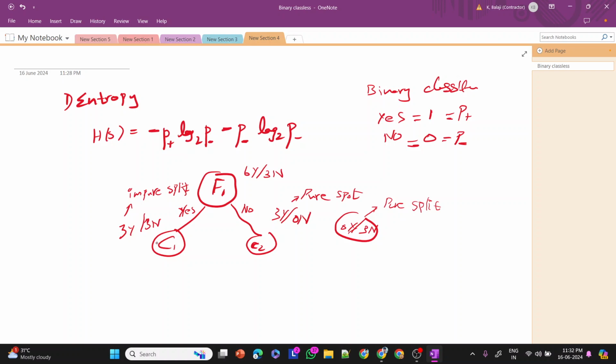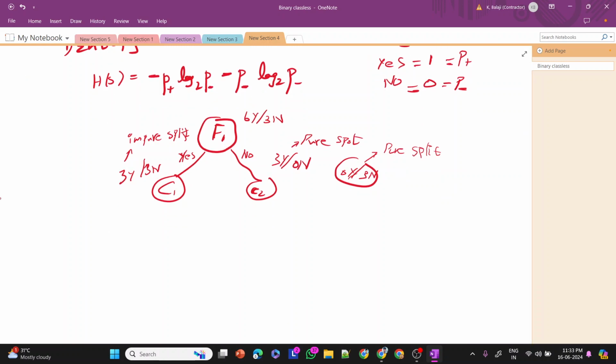Okay, let's compute H of S for C1. Let's put this data in the formula.